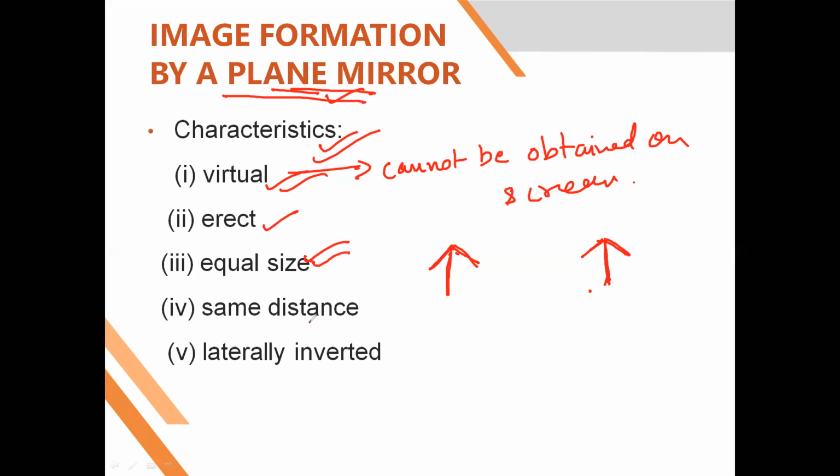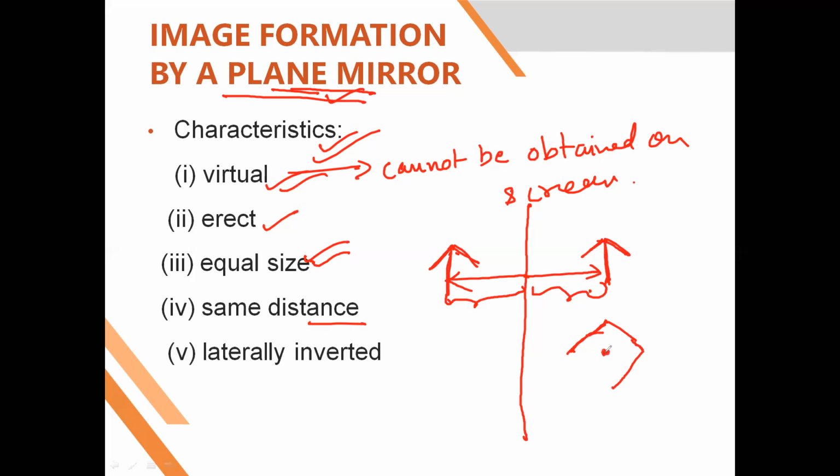Again, the distance. If the mirror is placed over here, then the distance of this object from the mirror is equal to the distance of the image. That is why you must have seen that changing rooms in malls or shops are very small rooms, but they don't appear to be so, because they are covered with plane mirrors on all the sides.